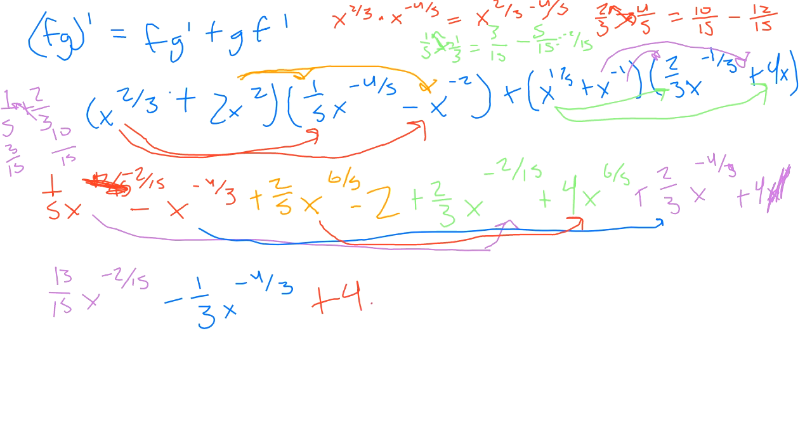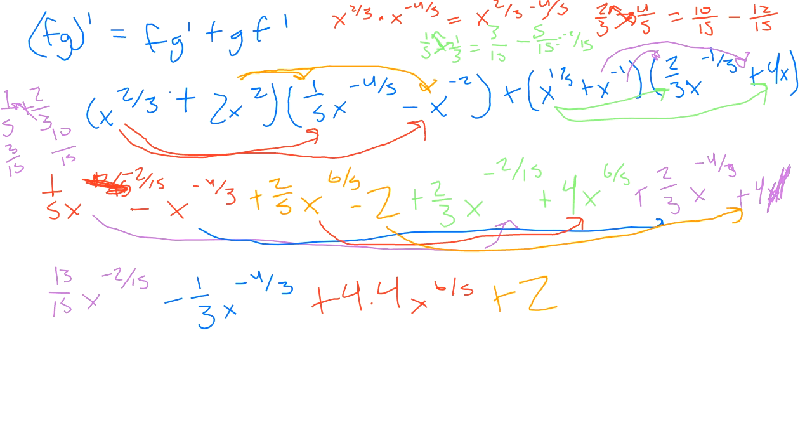So we get 4.4 x to the 6/5. Lastly, we have this negative 2 and this 4, which is just going to leave us with plus 2. Therefore, this is going to be our derivative to the previous problem.